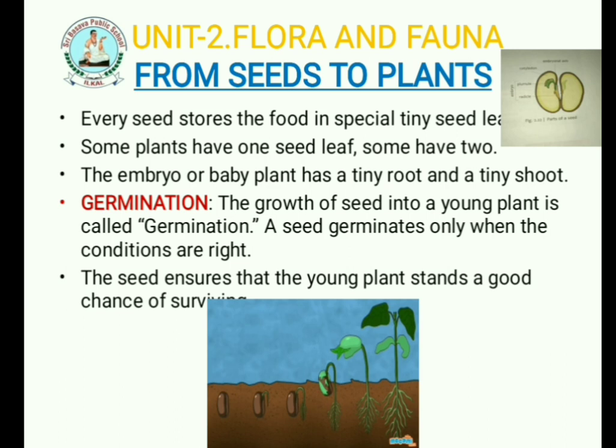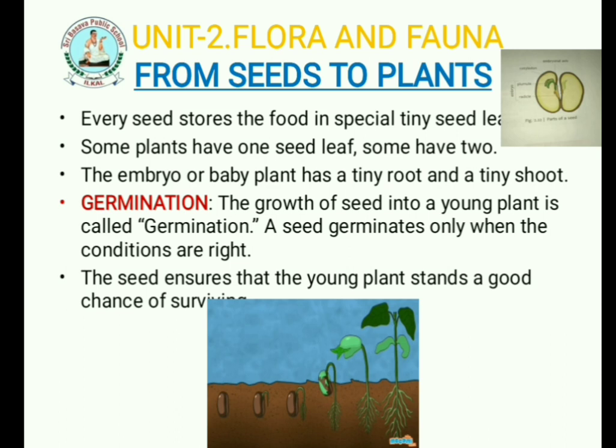What does it ensure? The young plant stands a good chance of surviving, because if all the right conditions are there, it definitely ensures the young plant has a good chance of surviving.